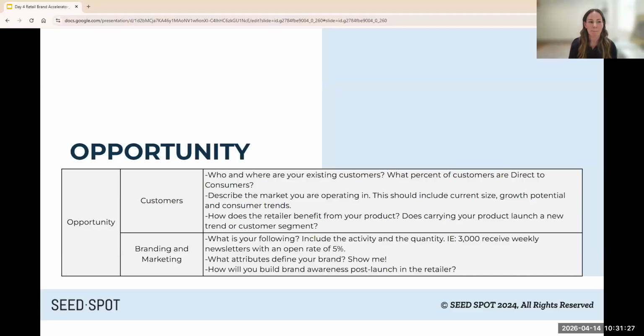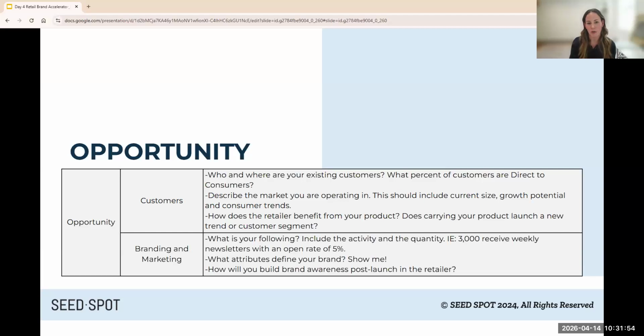And finally, the buyer is going to have to take another product off of the shelf to put your product on the shelf. So that's another piece of knowing your competition. You want to know why your product is better than that other item. So if you have a cereal and you know that Cheerios are going to have to come off the shelf, you need to tell that buyer, but my product is going to sell more than Cheerios because we have more protein, we have less sugar, we have a better brand following.